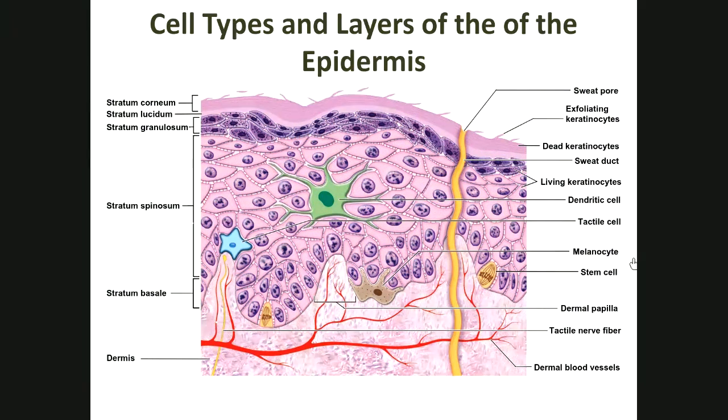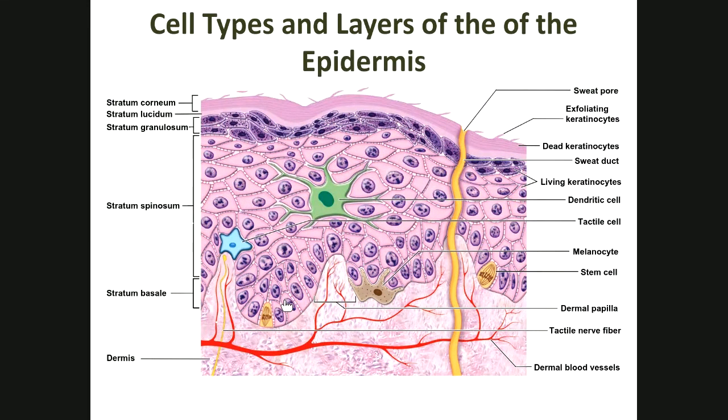The next layer of the skin is called a stratum granulosum. In a stratum granulosum, we have 3 to 5 layers of keratinocyte. This layer is granular. As you see here, we have some dots in the cell because these cells become full of keratin.